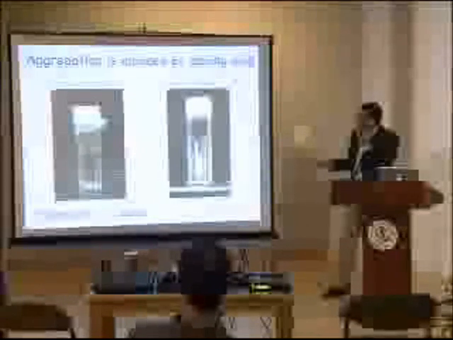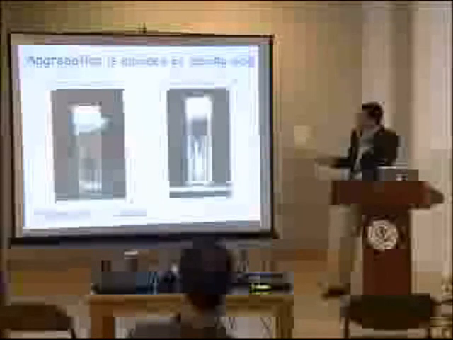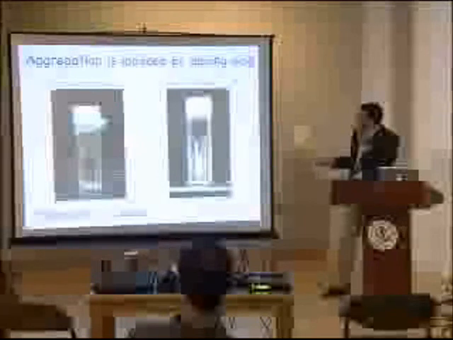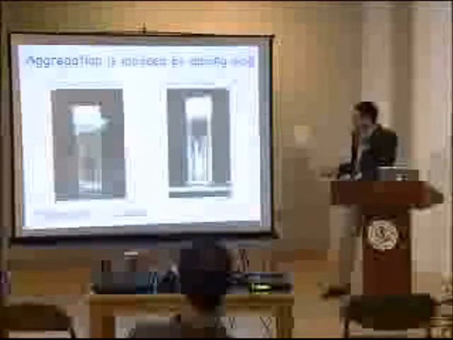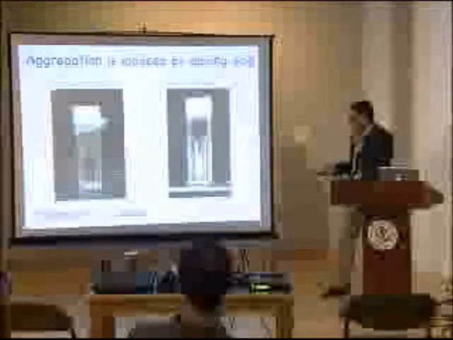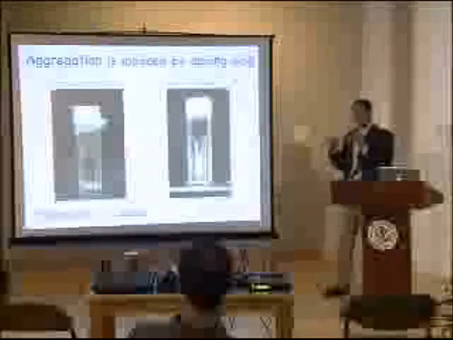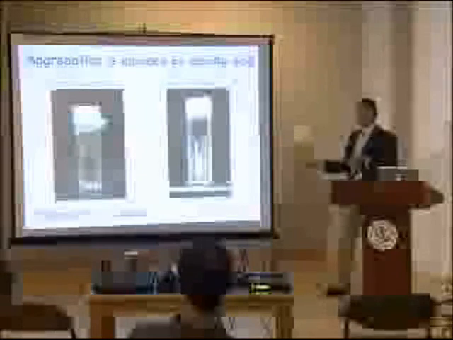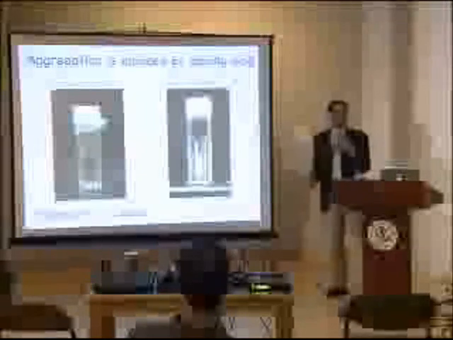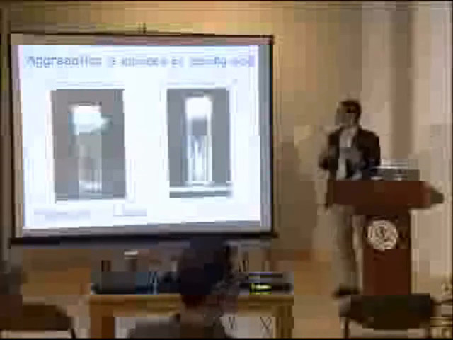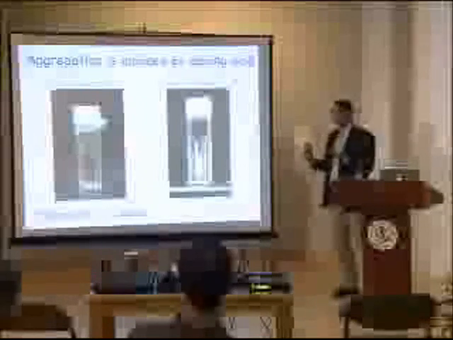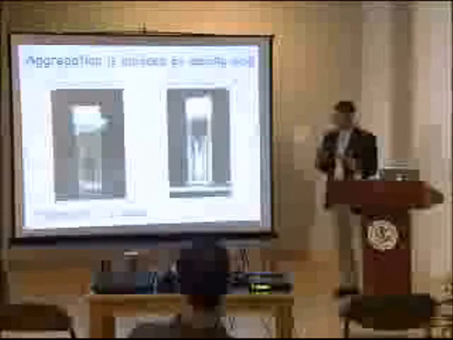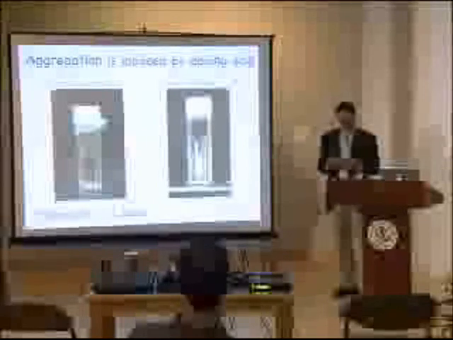This is a solution before incubation. This is a solution after incubation. And you can see the clouding, which is the aggregation of the protein. Lauren, who was the student in the lab who first did this, got very excited and said, cataracts in a tube. So we have a process for following the aggregation of this protein in the laboratory, and then doing further experiments to dissect and understand the molecular mechanisms of what's going on.